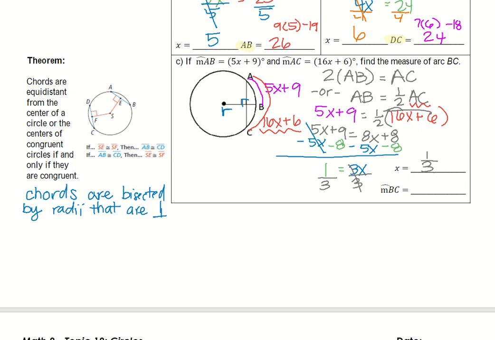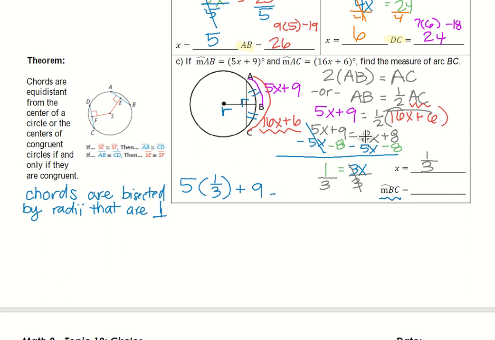If x equals 1/3 and they want me to find BC, remember that BC and AB are equal. And so I can plug in to AB in order to get BC. So I'm going to do 5 times 1/3 plus 9.